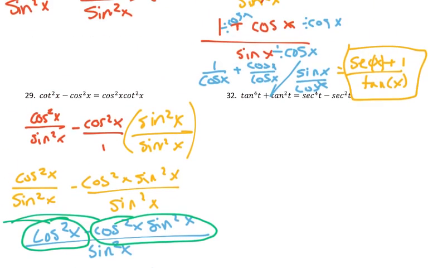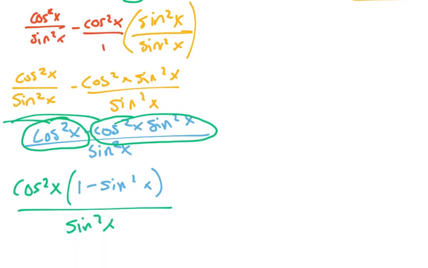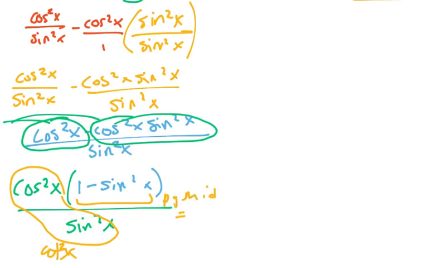Hopefully if we're looking at our answer here, we're trying to get cotangent, right? Cosine over sine is cotangent, and that's where that's coming from. So this piece is cotangent, and then this is cotangent squared, and this one from a Pythagorean identity is actually equal to 1 minus sine squared, which is cosine squared.